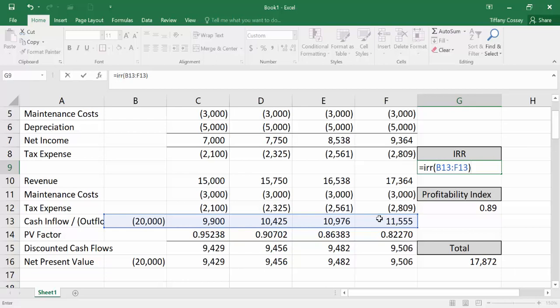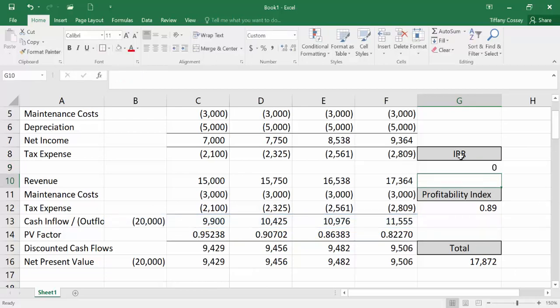You use the undiscounted amounts so the formula can do its magic and get you the right percent. Okay, so IRR and then all of the cash flows in order. Hit enter. And the internal rate of return on this is actually 38%. So if the company used 38% and brought everything back to present value using that as its percentage when determining its present value factor, the net present value would have equaled exactly 0.